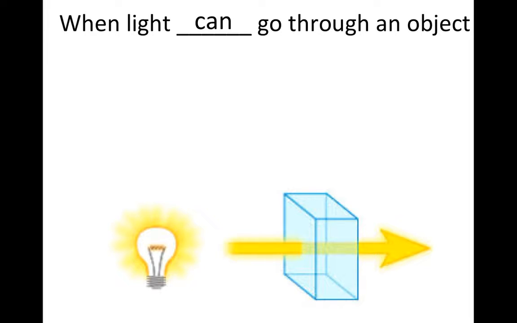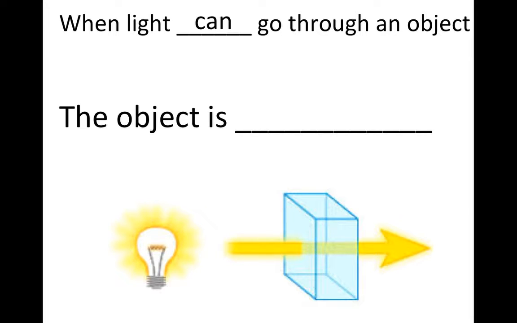When light can go through an object, the object is, our new vocabulary is transparent. Transparent.